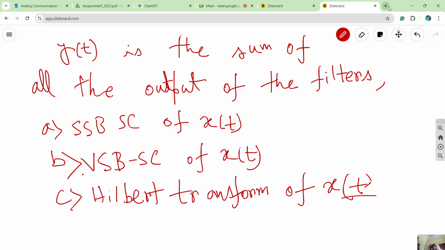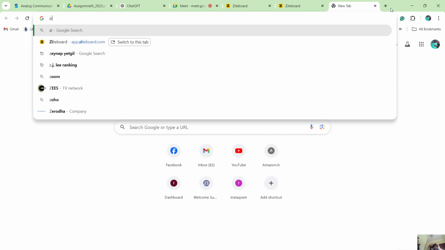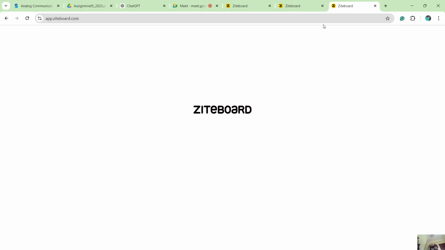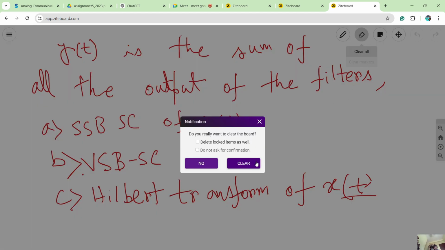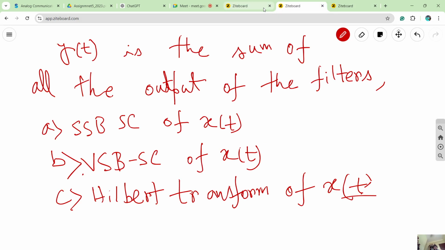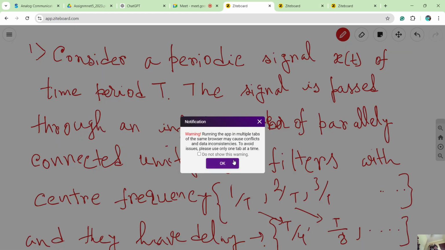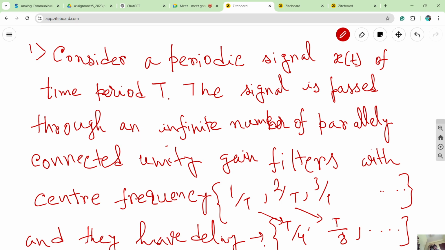So let us solve it. The question is actually, we have a signal x(t) that is of time period T. So we can write the signal x(t) with the Fourier series representation.